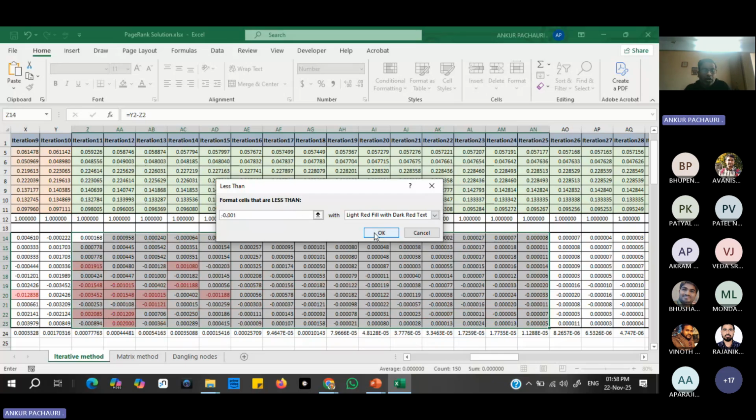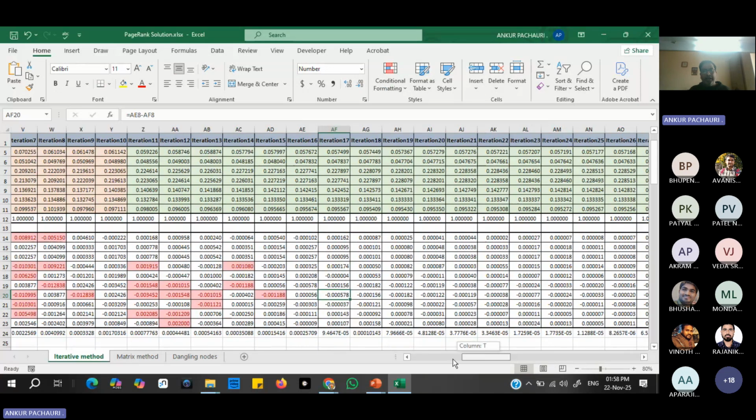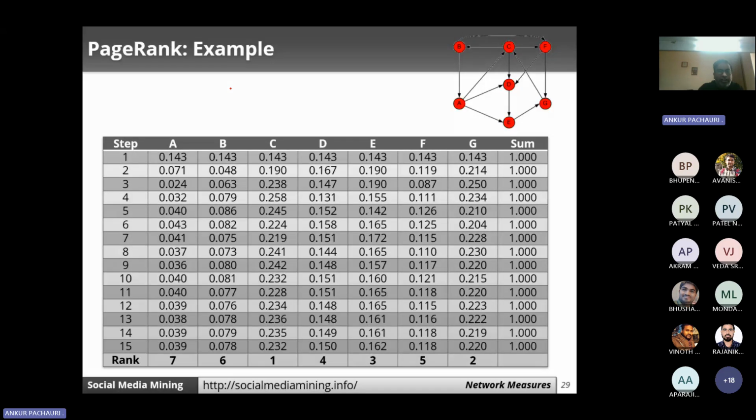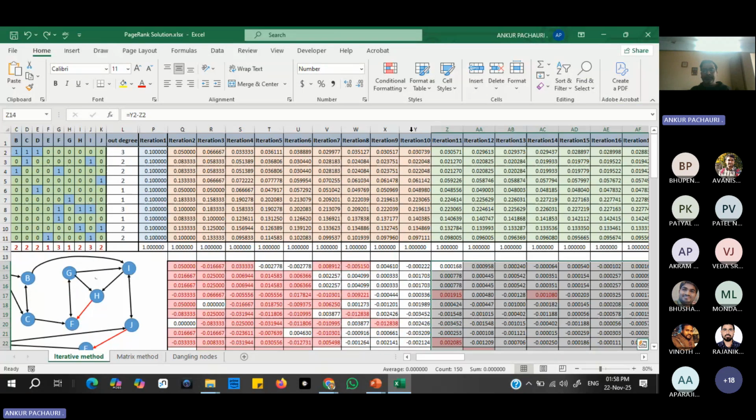If I have changed my criteria to be 0.001, so initially my significance alpha is 0.005. It is almost the same as the significance level which you have seen in your ISM. So if my alpha is 0.005, what does it mean? I need to have a different color in this case.